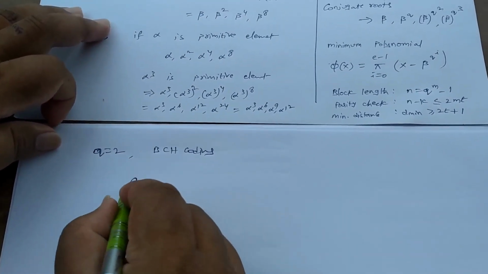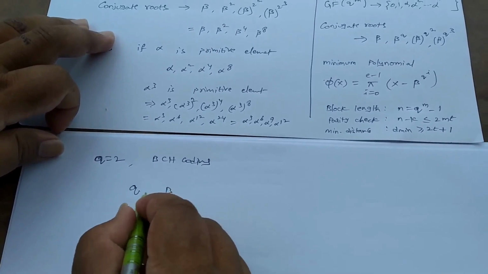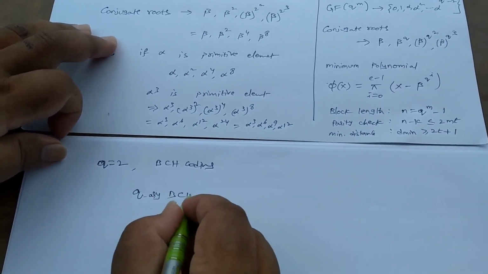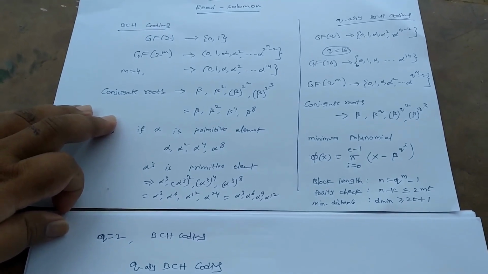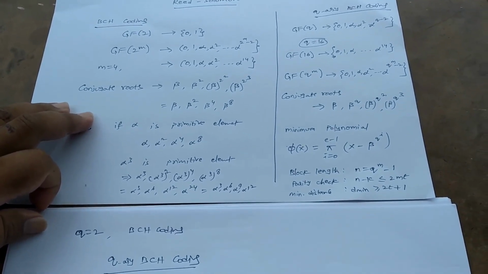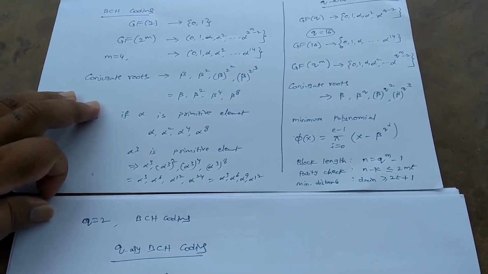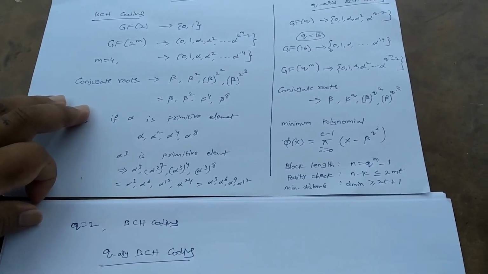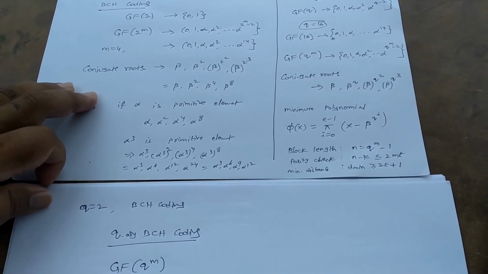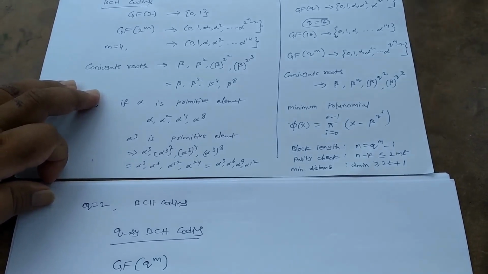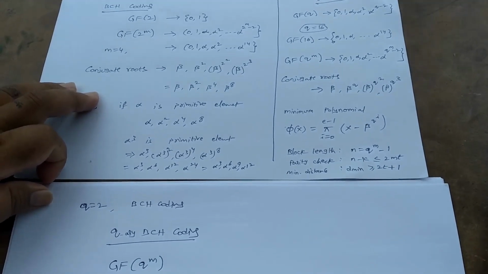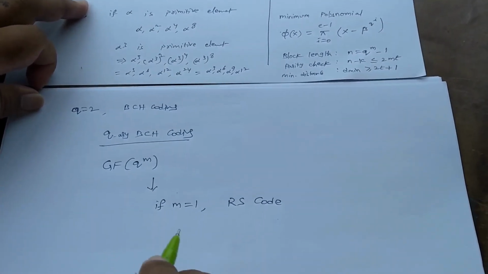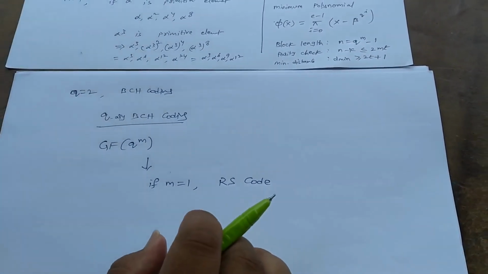Now in Q-ary BCH coding, it is based on the Galois field Q power M, and if M is equal to 1, it is referred to as RS code, Reed-Solomon code. That is the base for the Reed-Solomon code.